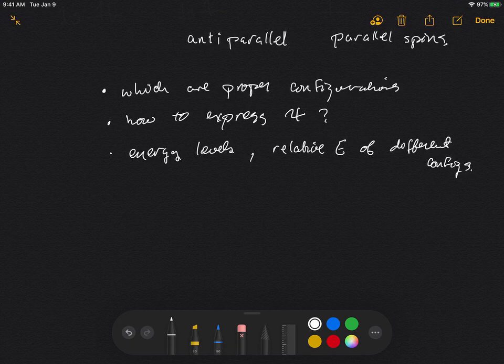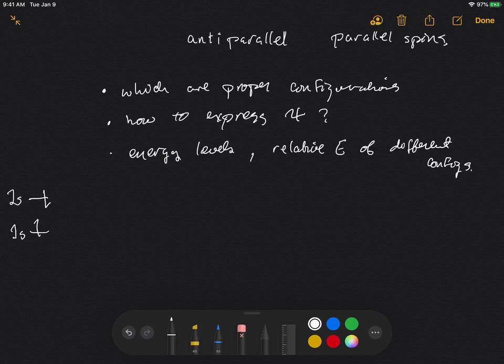First, let's look at a proposed wave function for the anti-parallel case, which corresponds to this type of drawing over here, where the spins are paired, but they're in different energy levels.